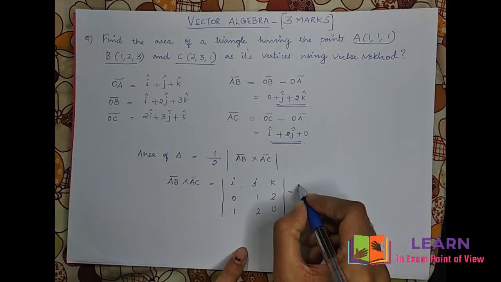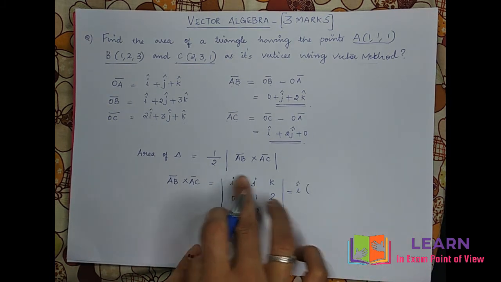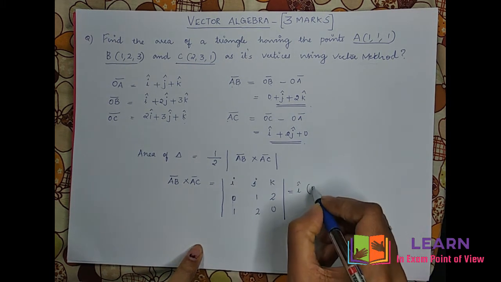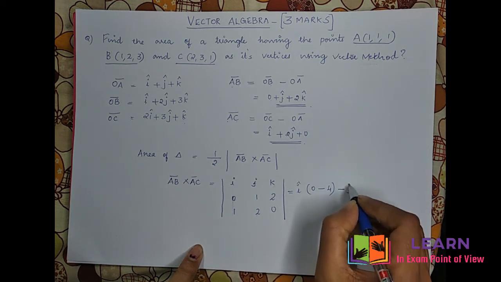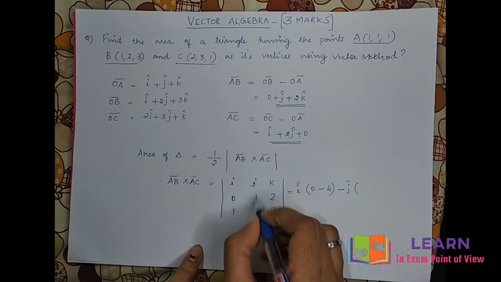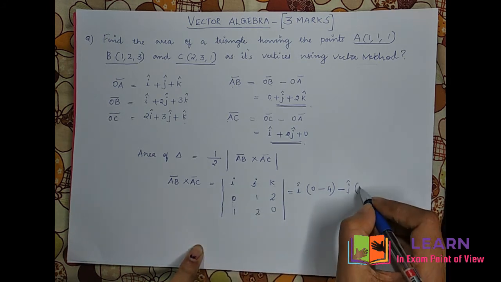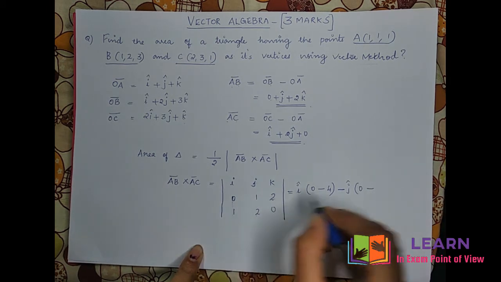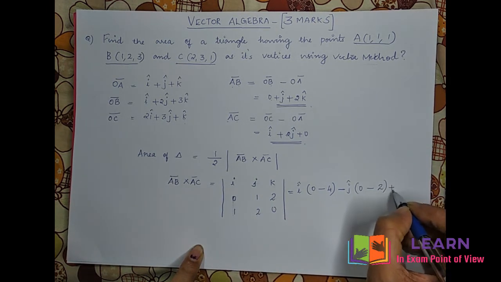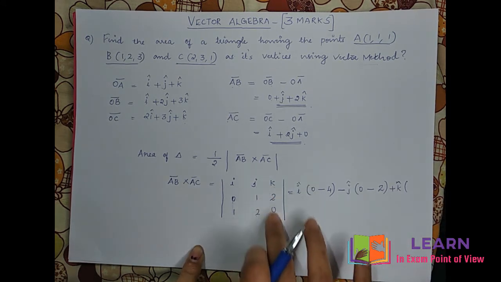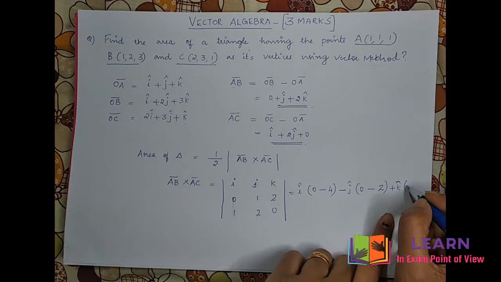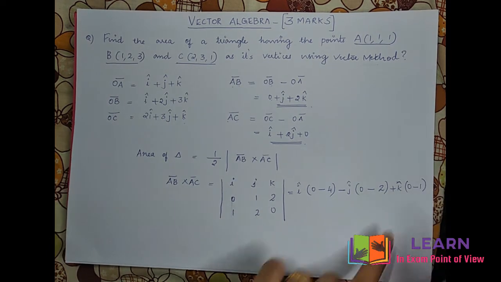That is I into this, skipping its row and column: 0 into 1, 0, minus 2 into 2, 4. Minus J, the alternate sign will change: this, skipping its row and column: 0 into 0, 0, minus 1 into 2, 2. Plus K into this, skipping its row and column: 2 into 0, 0, minus 1 into 1, 1.